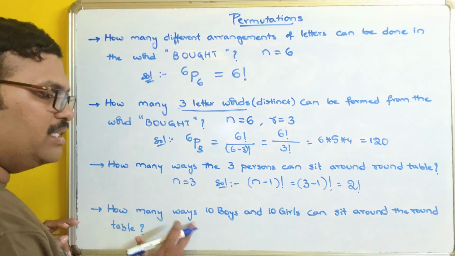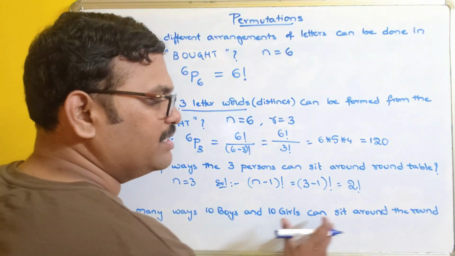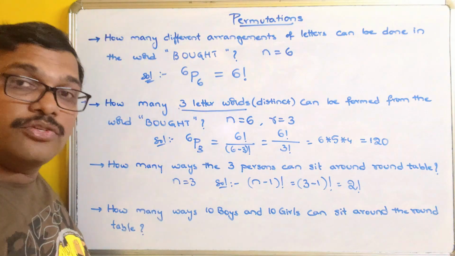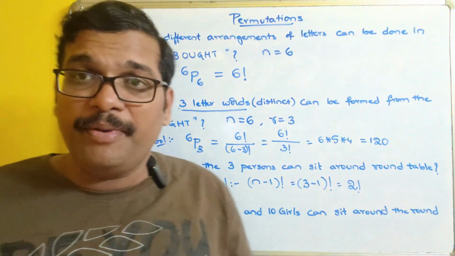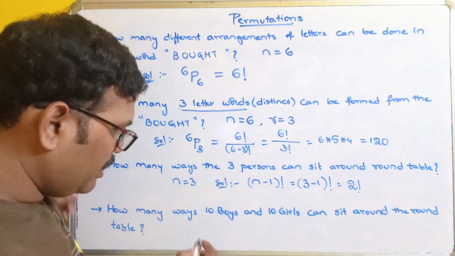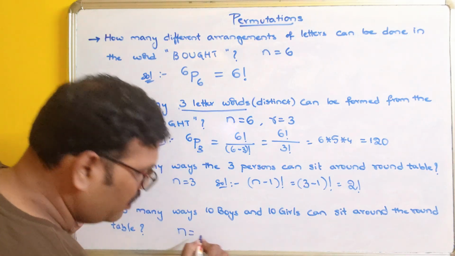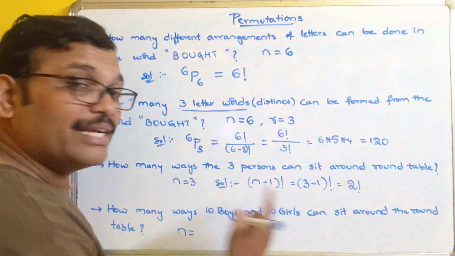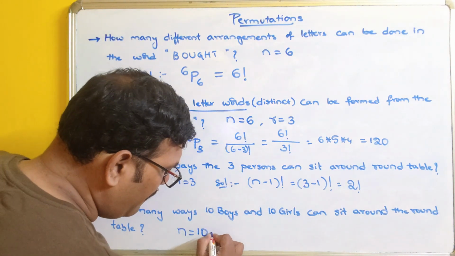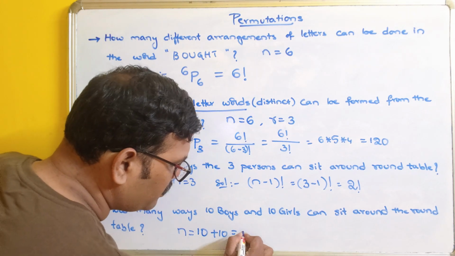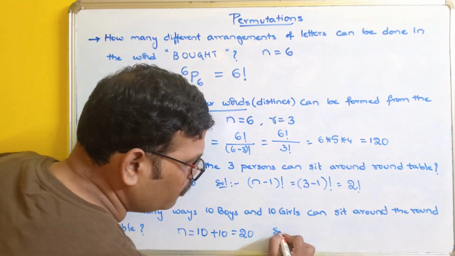And similarly here, how many ways can 10 boys and 10 girls sit around the round table? Here also all are unique, there is no repetition, right? So here n is equal to, how many persons are there? 10 boys and 10 girls, so 10 plus 10, which is equal to 20. So what is the solution here?